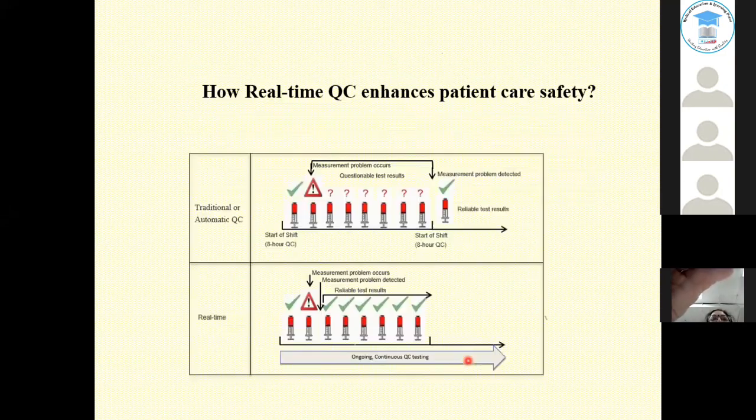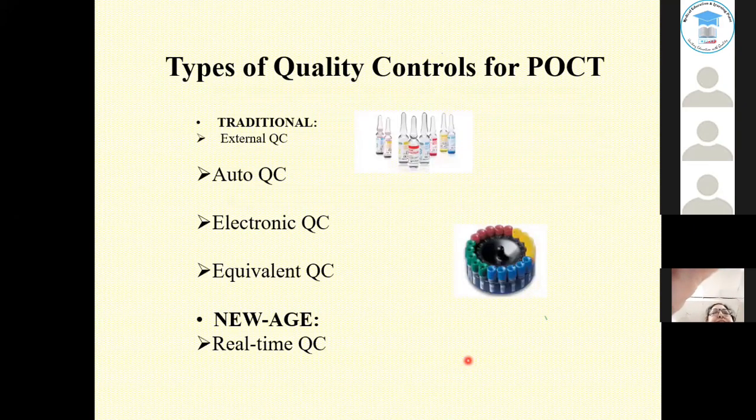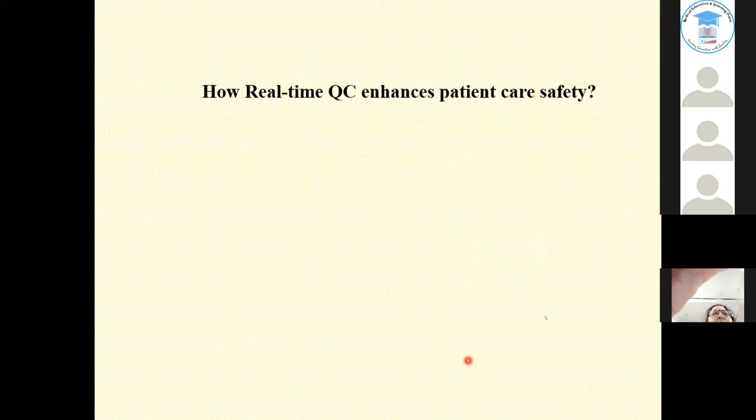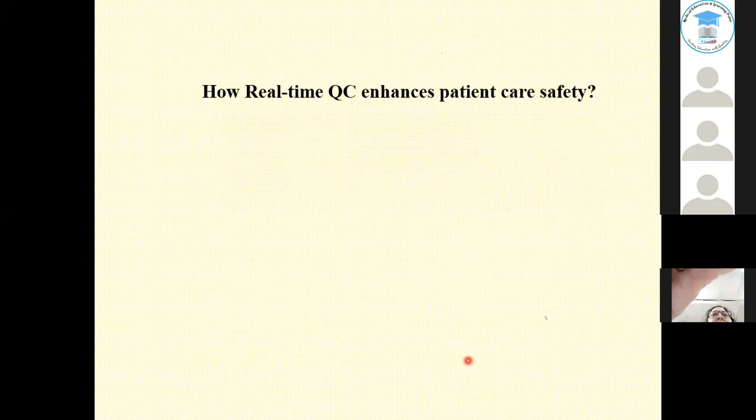So how does real-time QC enhance patient care? I'm sorry, I think I'm missing the graph. Real-time QC basically helps you to detect the air bubble. It is a continuous program where QCs are run before every sample maybe for ABG is analyzed.